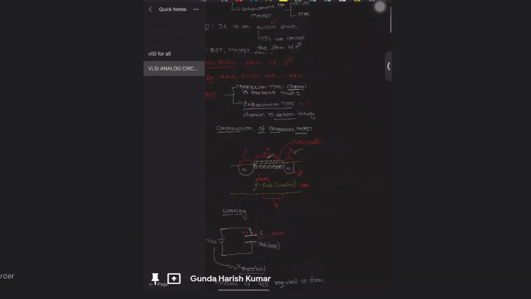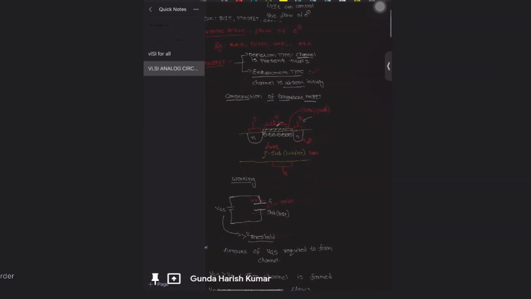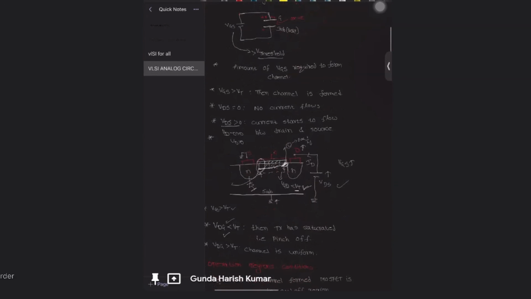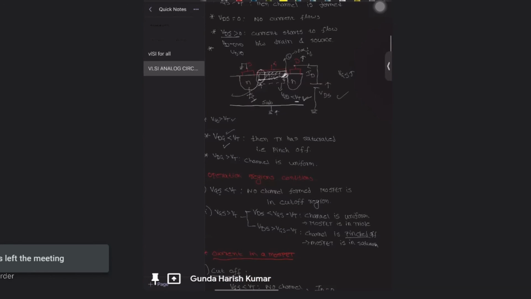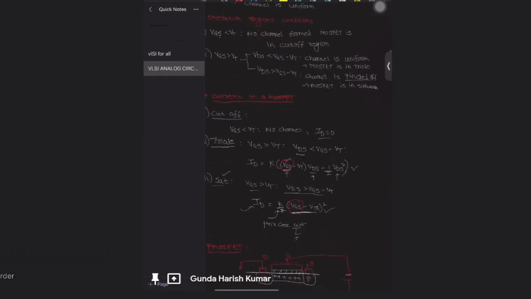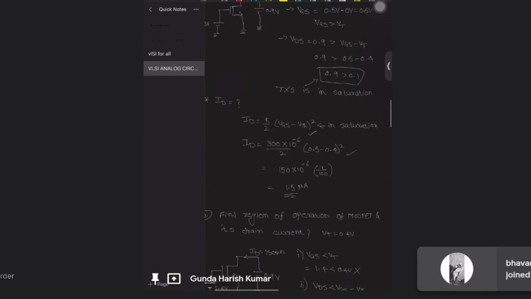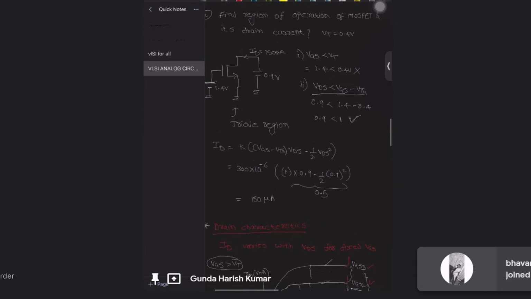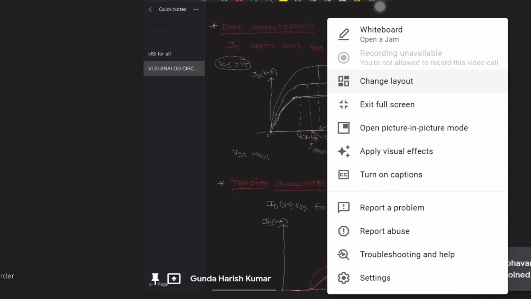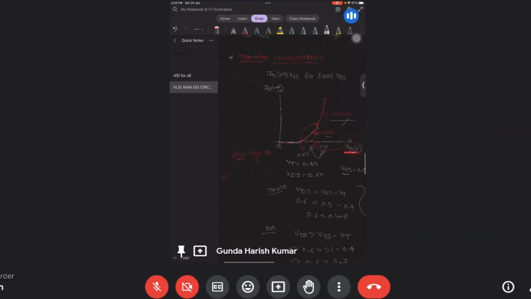So this is the brief introduction to the enhancement type MOSFET: how it is fabricated and constructed, how the regions change with the terminal voltages, its operating regions, and how the current varies in each region. With some examples we discussed how to find the regions of operation and the current.